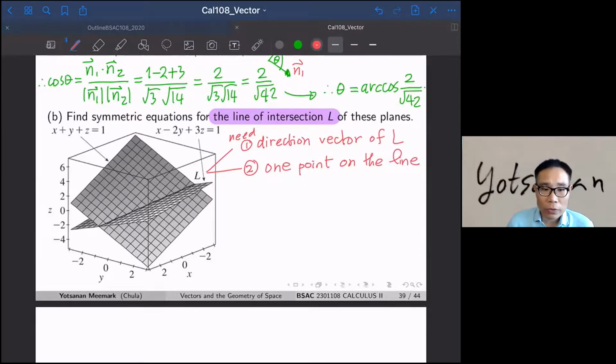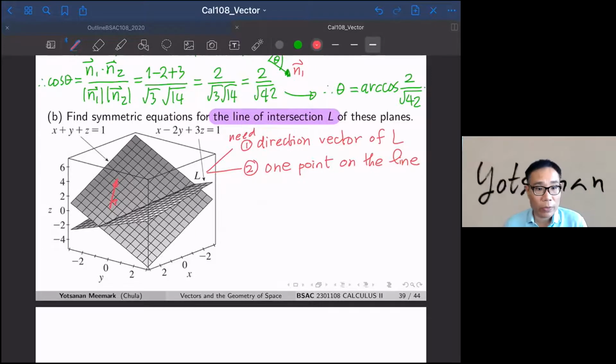In order to find the direction vector, you need to notice that if you have the vector n1, let me draw the vectors n1 and n2. You have the plane x plus y plus z equal to 1, and the vector n1 turns out to be the vector perpendicular to this plane. It's going to become something like this.